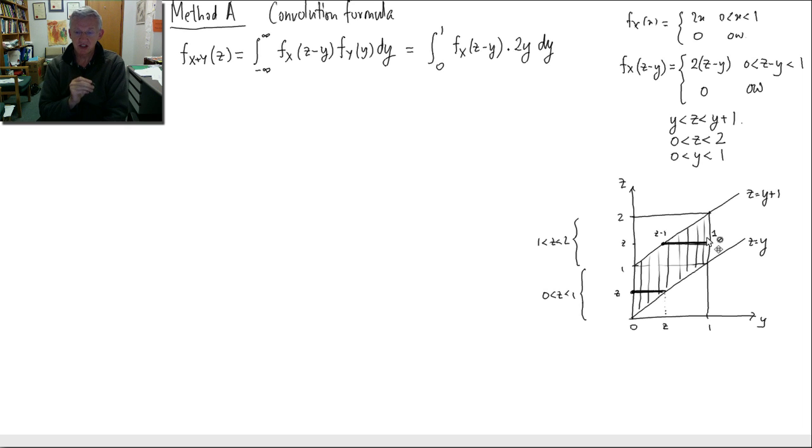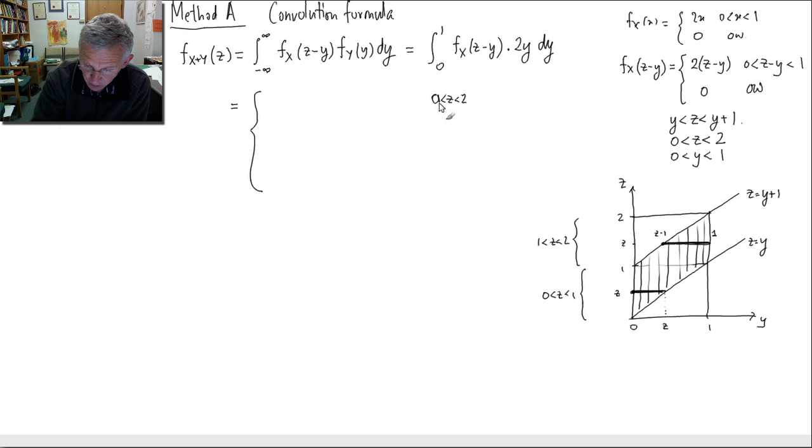And what this means, therefore, is that I can now write this as being one of two things, depending on whether I'm talking about a z between 0 and 1.